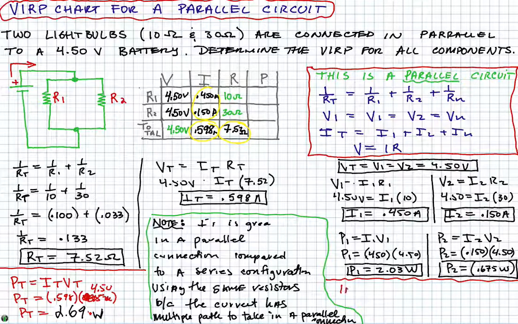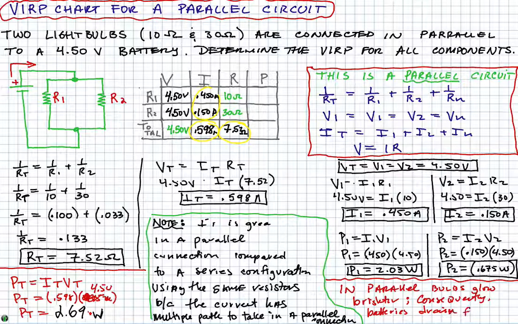In parallel, bulbs glow brighter, and consequently, batteries drain faster because there's more energy used up to create that brighter light.